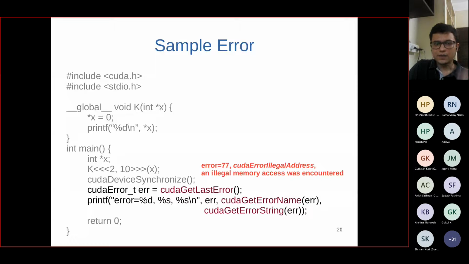Here the error code printed by err was 77. Consider err as some unsigned integer. So err was 77, and the error name corresponding to 77 was cudaErrorIllegalAddress. It is saying that you are trying to access some illegal address, which is actually correct, right?